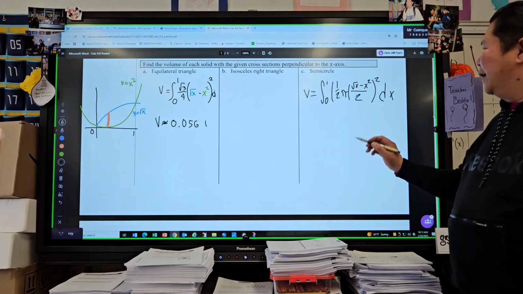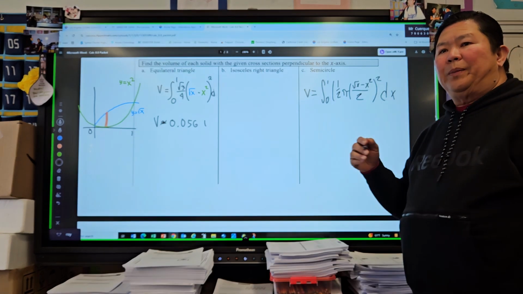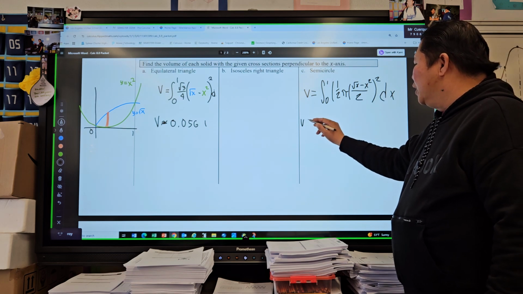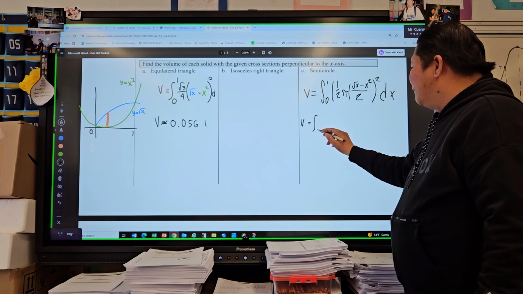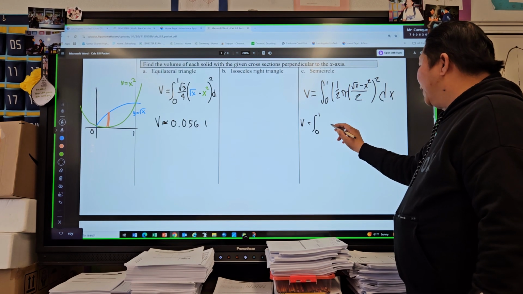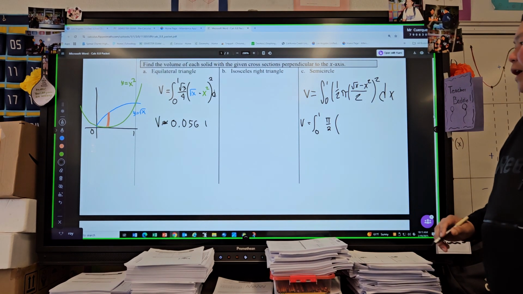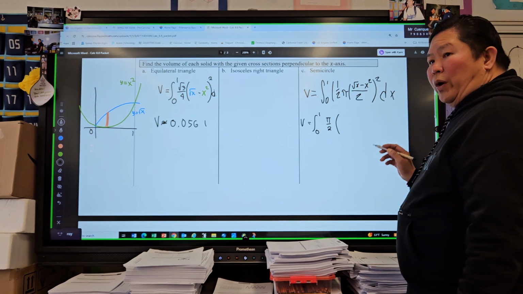Okay, so I'll do it step by step, guys, for the simplified solution. So the integral from 0 to 1, and we can write pi over 2, right? Am I right, guys? You're always right. Okay, and then square.